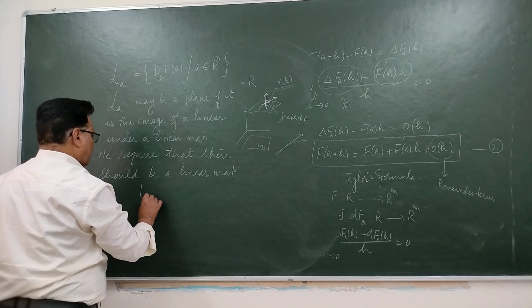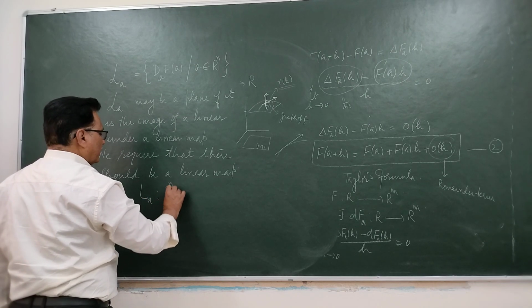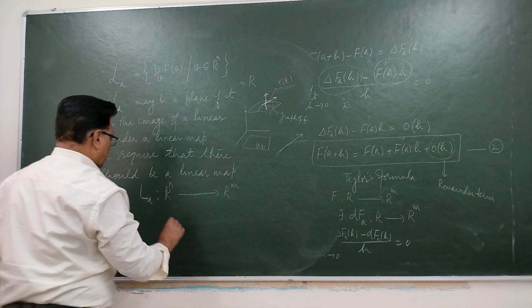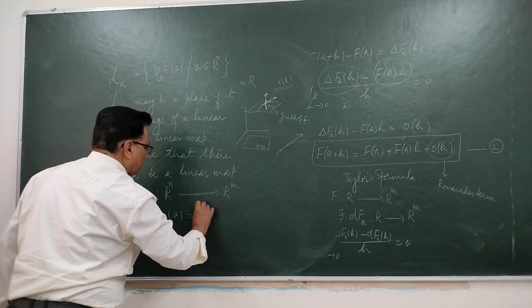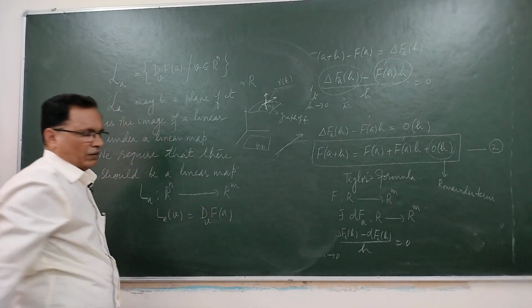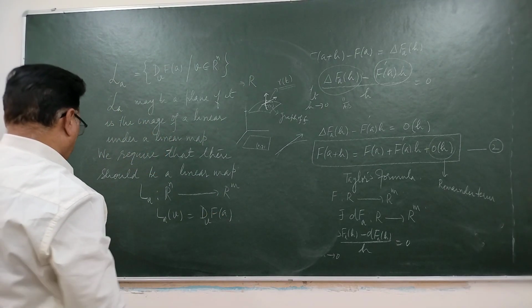Let me call that linear map L_a, from Rn to Rm, such that L_a of v equals d_v f(a). So we require such a map.